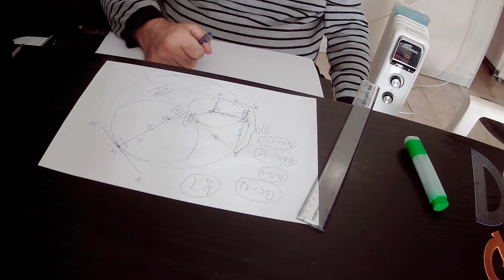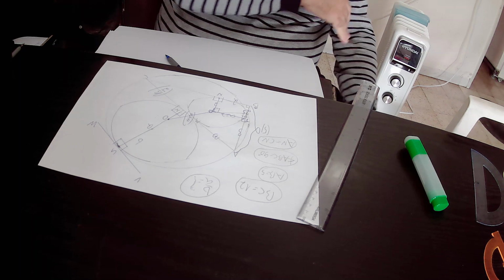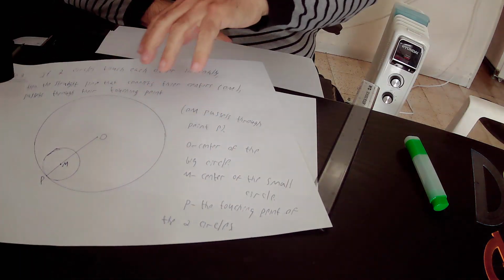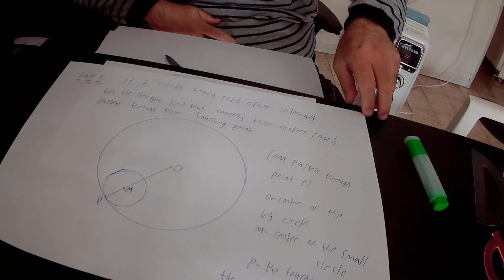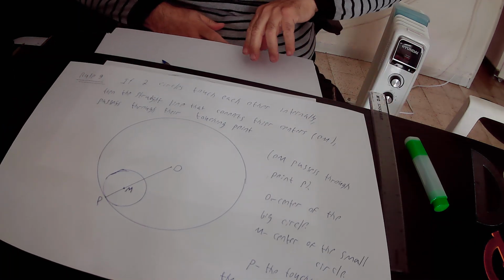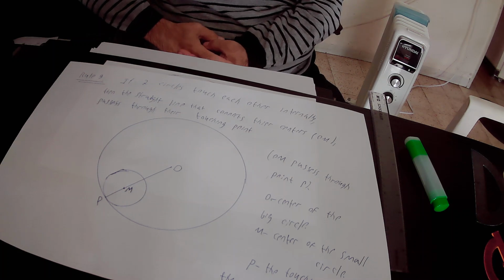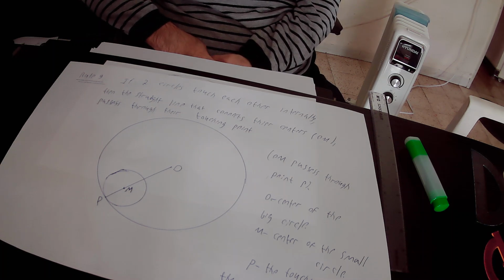And here we have rule number 9. According to rule number 9, if two circles touch each other internally, then the straight line that connects their centers together passes through their touching point.